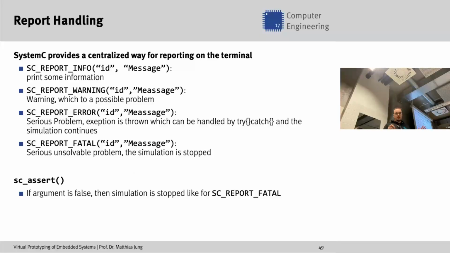So this function call will always call SC stop as well. And there's something else which is cool, which is SC assert. You can test a signal for a specific value, for example, and if this value is wrong or false, then the simulation is also stopped.